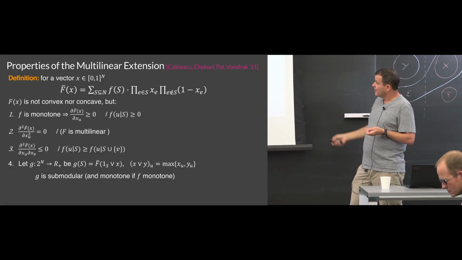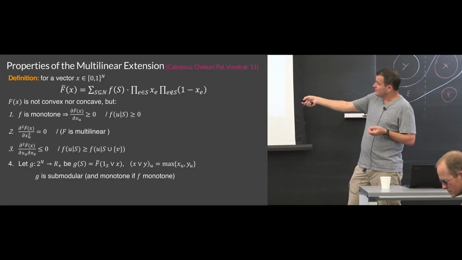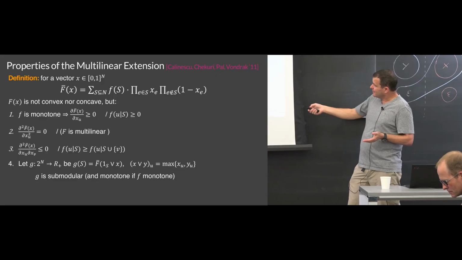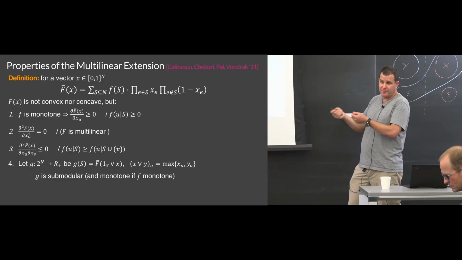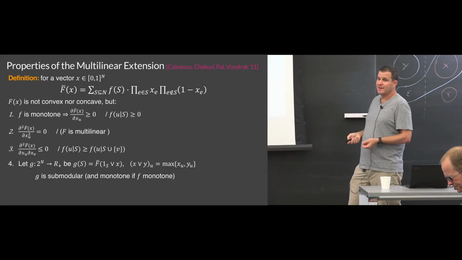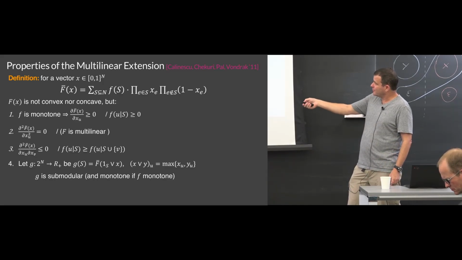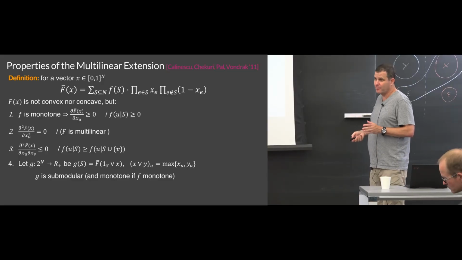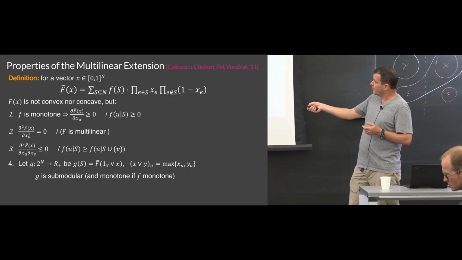This is easy. The second derivative with respect to a single element u is 0 because it's multilinear. But the interesting property is that the second derivative with respect to x_u and x_v for two different elements is non-positive. This is the main place where you use the submodularity property. So this is the main property.